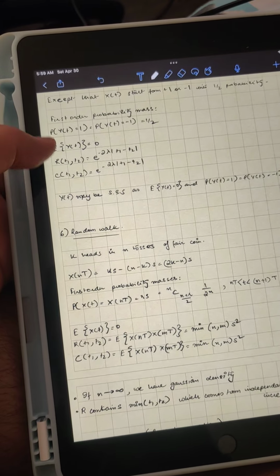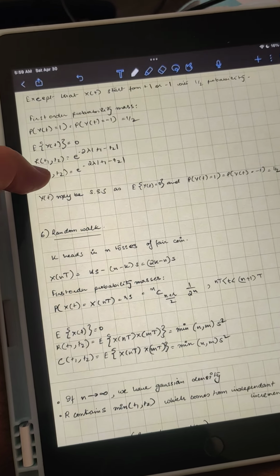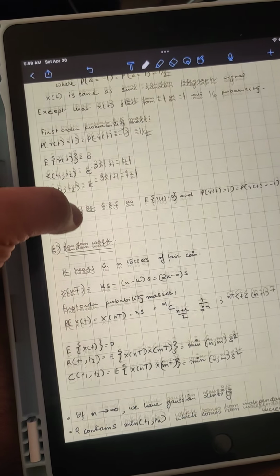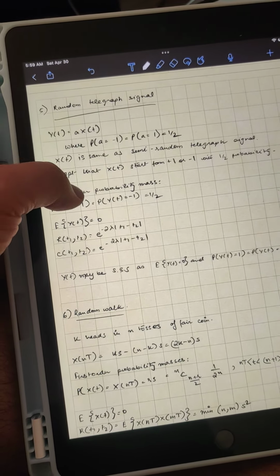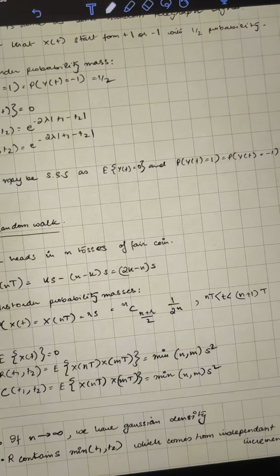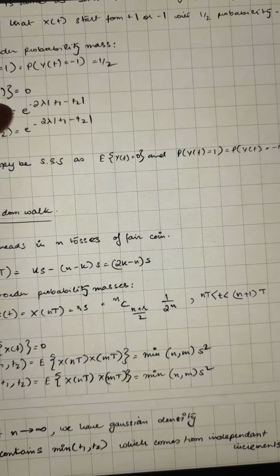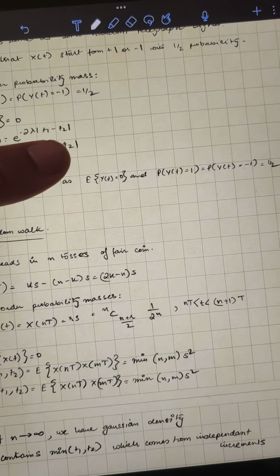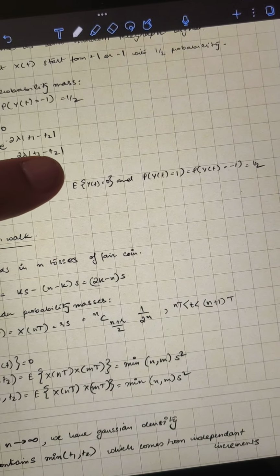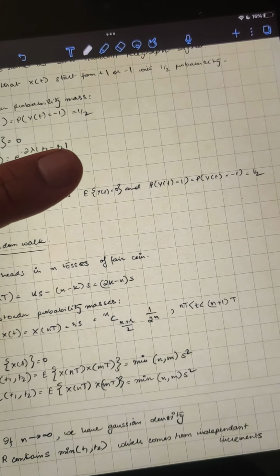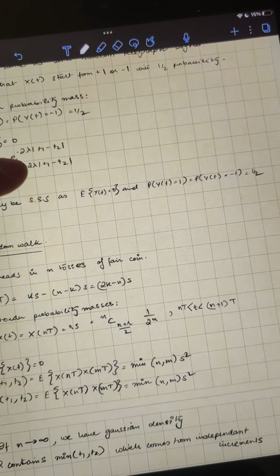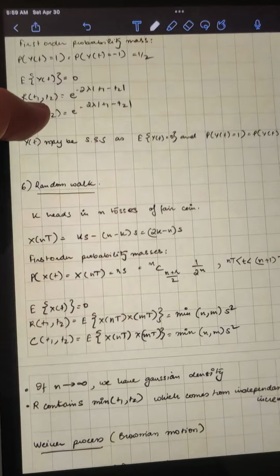First order probability masses I have listed, and one interesting fact is yt, for random telegraph signal, may be strict sense stationary as expectation of yt is 0 and probability of yt equal to 1, which is equal to probability of yt equal to -1, is half basically.